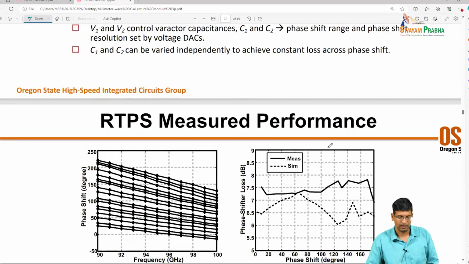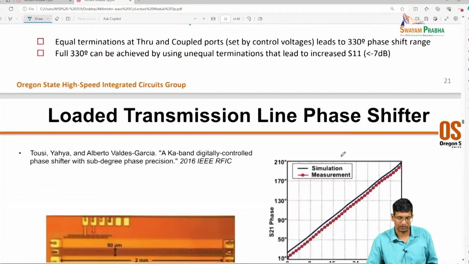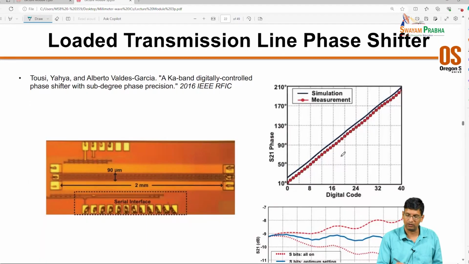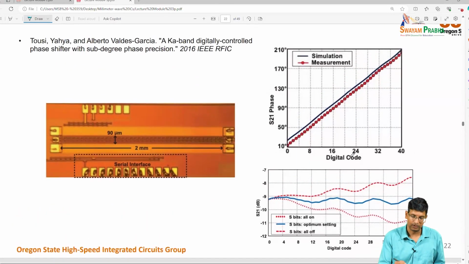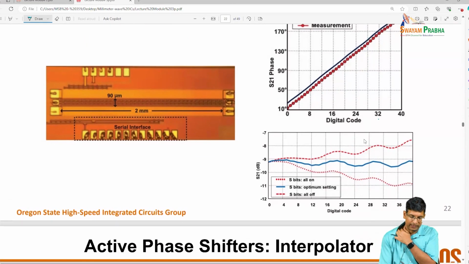And I've added the reference, and you can take a look at this paper, but effectively through that approach, they are able to achieve a fairly uniform, like 5-bit, or even more, phase variation. And they did 0 to 180 degrees.